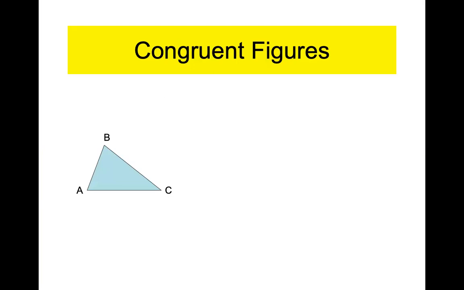If that's a triangle, then my other one must be a triangle, and it must have the same size. The reason we have those two caveats is that you could have the same size but a different shape. In other words, the area of this triangle could match the area of a rectangle, but clearly they're not the same shape.